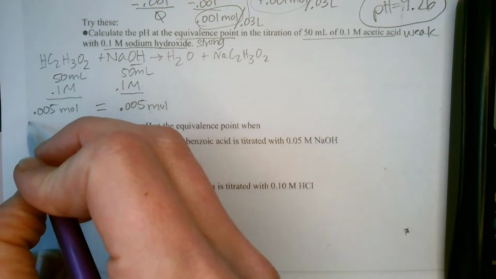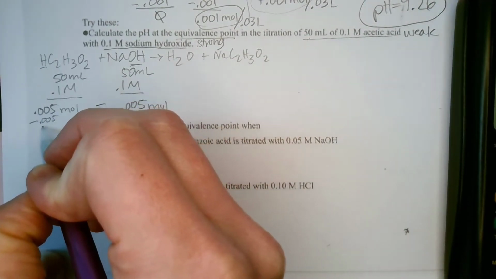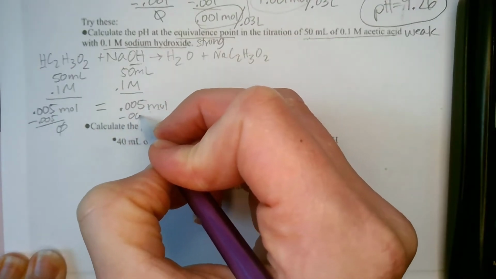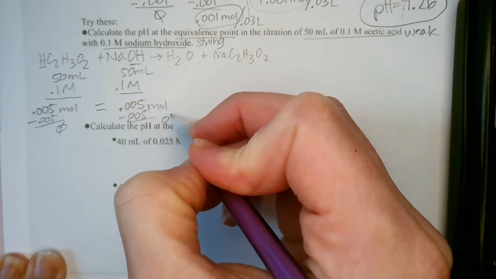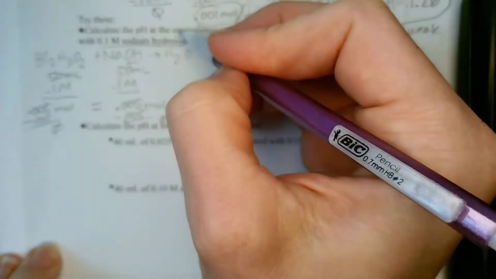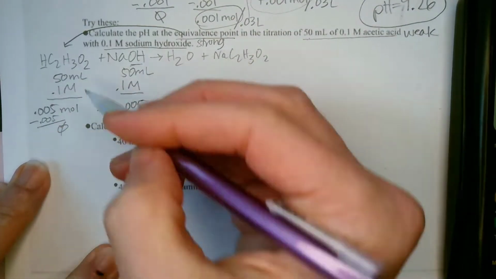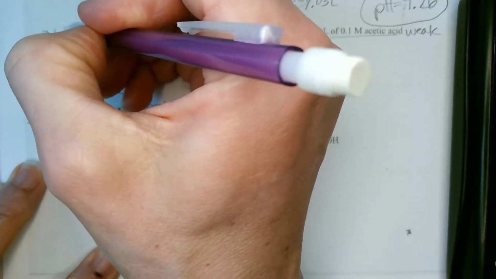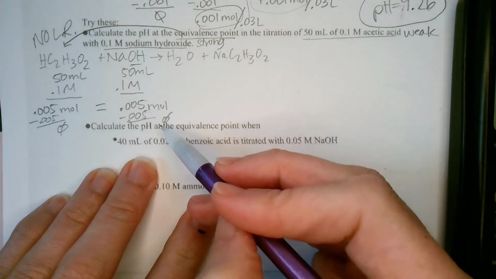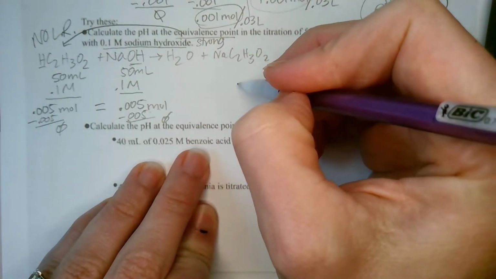These are my reactants, so I'm going to subtract 0.005 to have no limiting reactant, right? Our equivalence point is telling us we have these two equal to one another, so there is no limiting reactant.